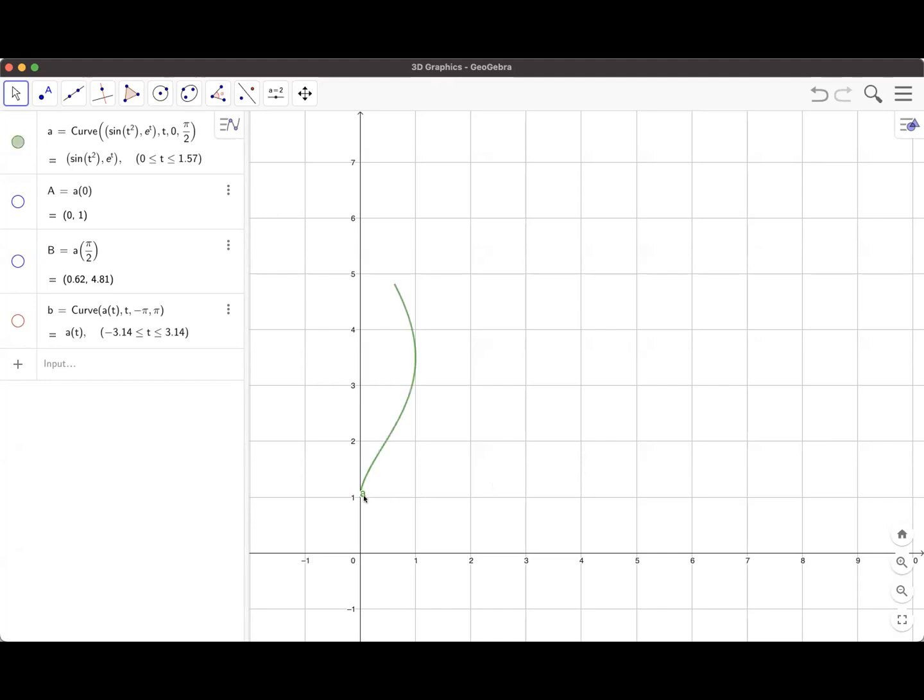As you can see, it's a curve which comes from here to here, and that's the whole curve, in the interval for the parameter. The endpoints are evaluated at 0. This is 0, 1. You can see that point over here. And the other point was sine of pi squared over 4, which is what you get when you evaluate pi halves, and e to the pi halves. And that point is this point over here.